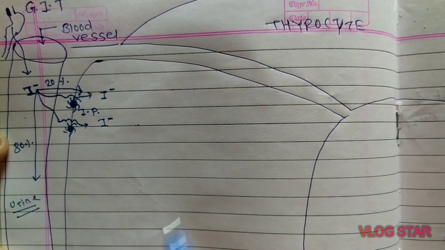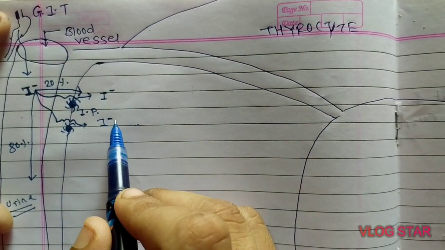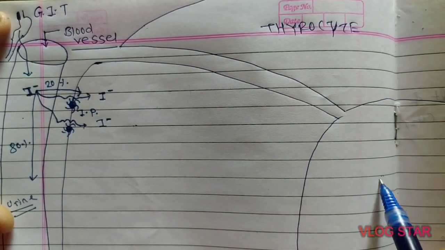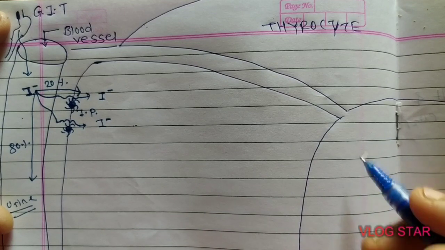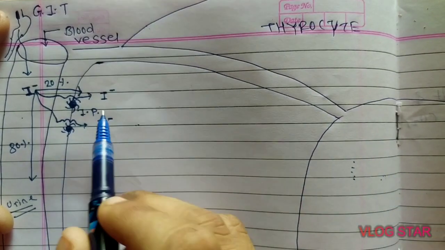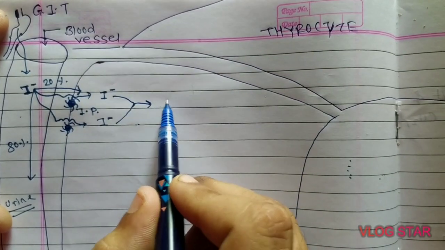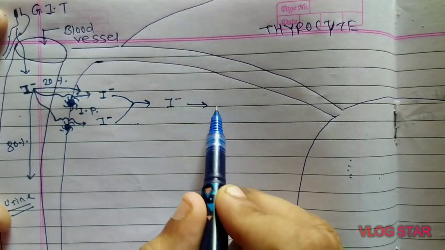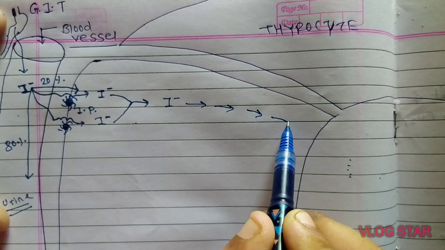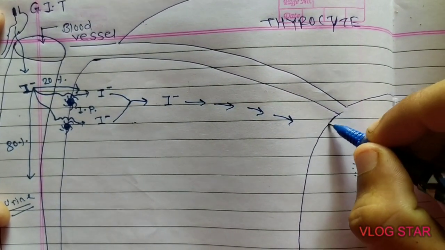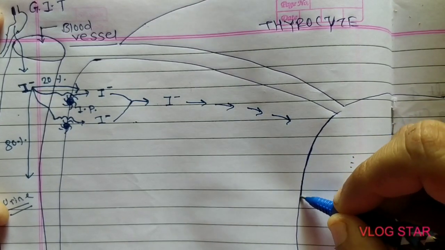Once this iodide enters the thyrocyte cell, it has to be moved towards the thyroid follicle lumen. This is the thyroid follicle lumen, and this is the apical membrane of the thyrocyte cell.